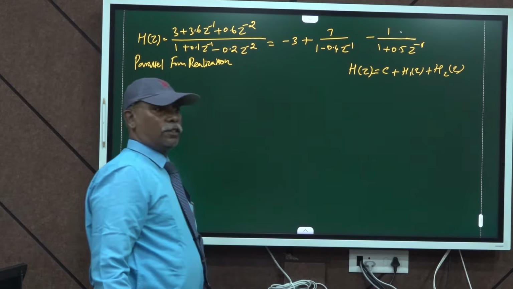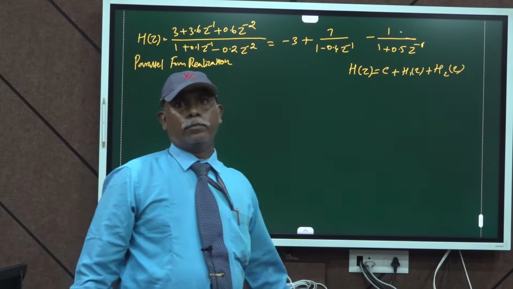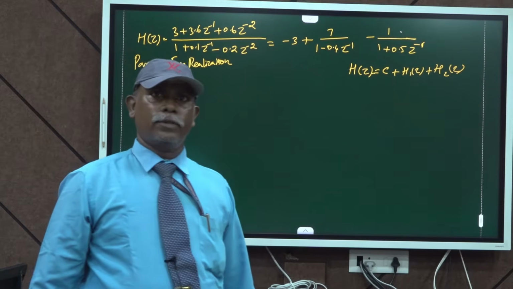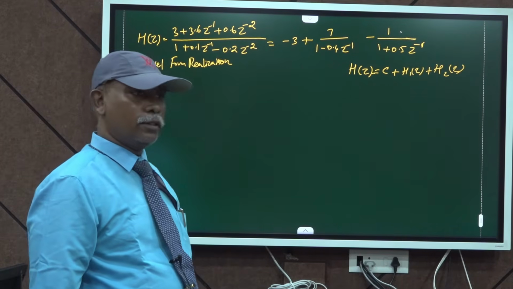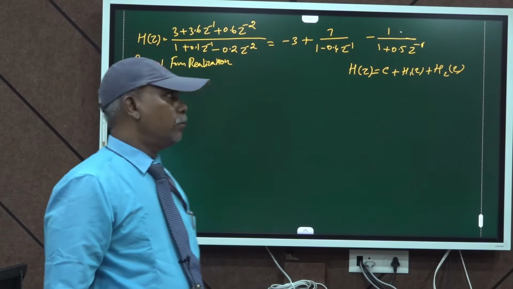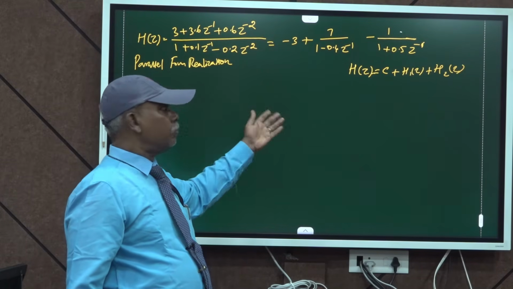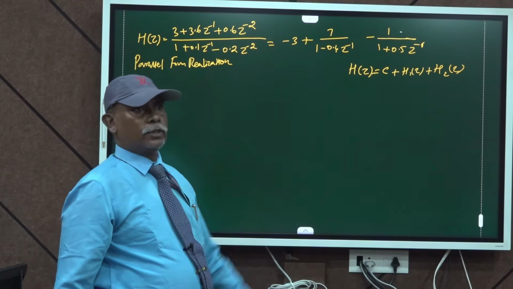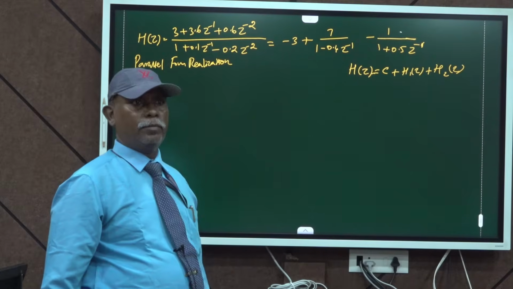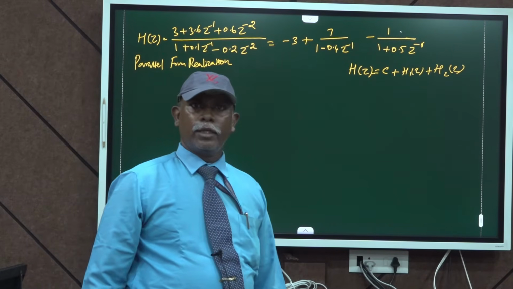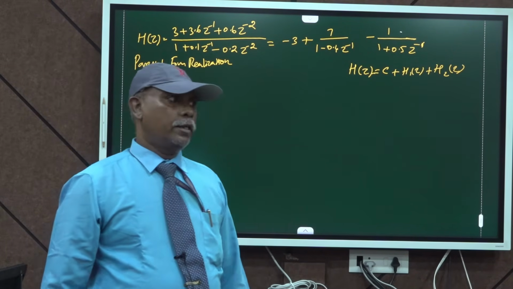Here c is a constant, it may come or it may not come. It depends upon the given system or transfer function. This is our practical implementation, and here also the implementation is direct form 2 only.